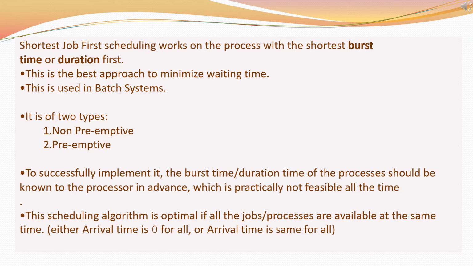To successfully implement it, the burst time or duration of the processes should be known to the processor in advance, which is practically not feasible all the time. This scheduling algorithm is optimal if all the jobs or processes are available at the same time, either arrival time is 0 for all or arrival time is the same for all.